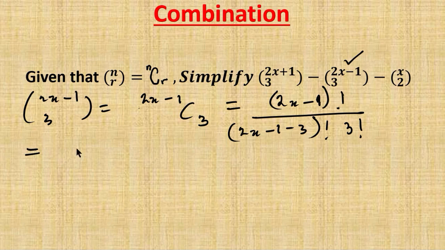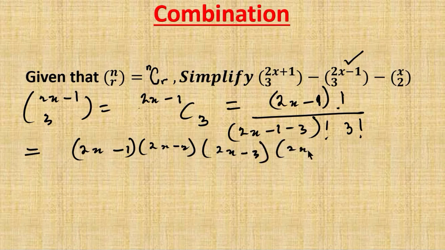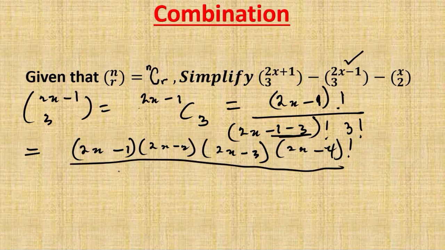Expanding that, that will be (2x minus 1) into (2x minus 1 minus 1), that will be (2x minus 2), into (2x minus 3), into (2x minus 4) factorial. Now if you look at this, this is actually minus 1 minus 3 here, that's minus 4. So I can stop at (2x minus 4) here for the numerator, over (2x minus 4) factorial.